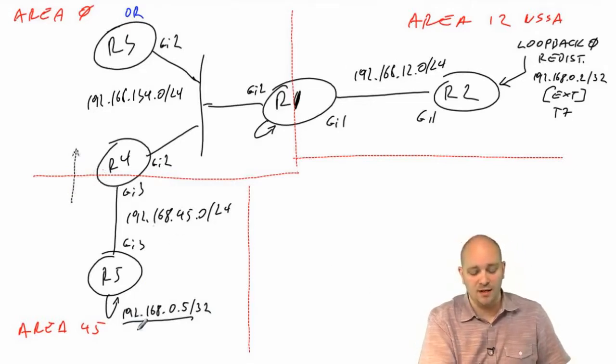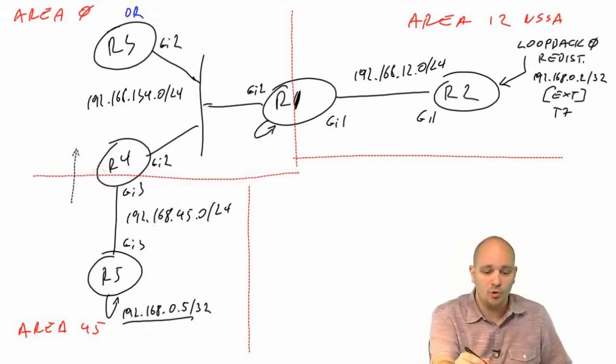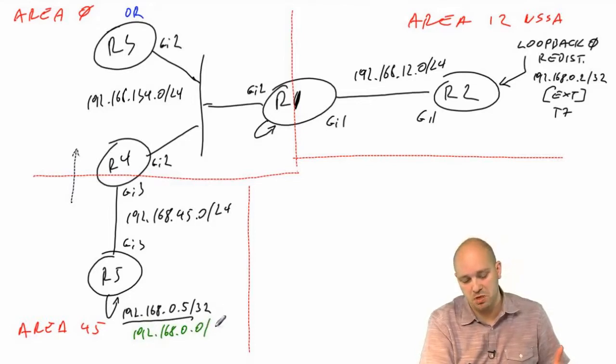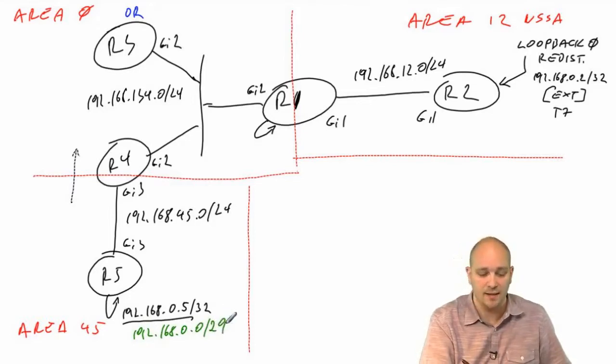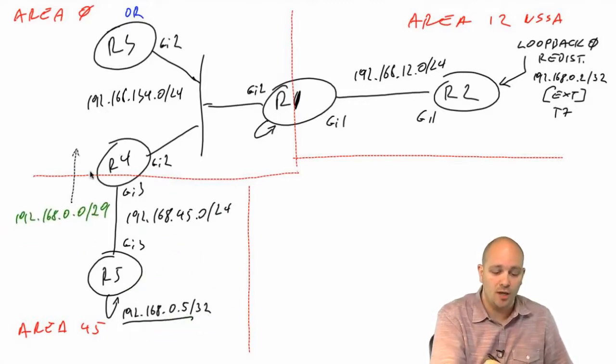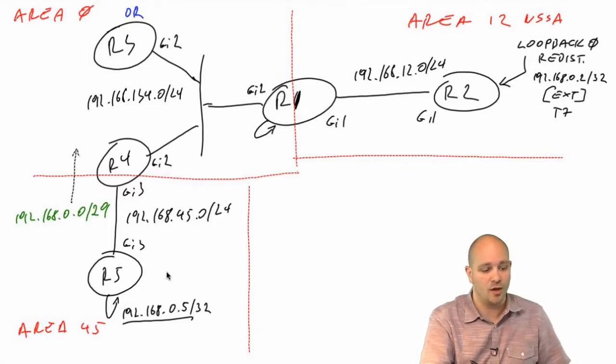I will summarize this 192.168.0.5/32. I'm going to summarize it as, for example, 192.168.0.0/29, for example. So this is going to be the summary that I'm going to create when this route is being advertised into area 0.